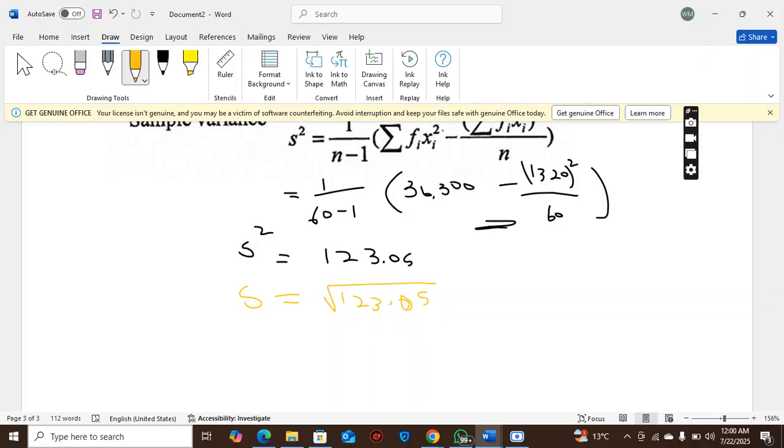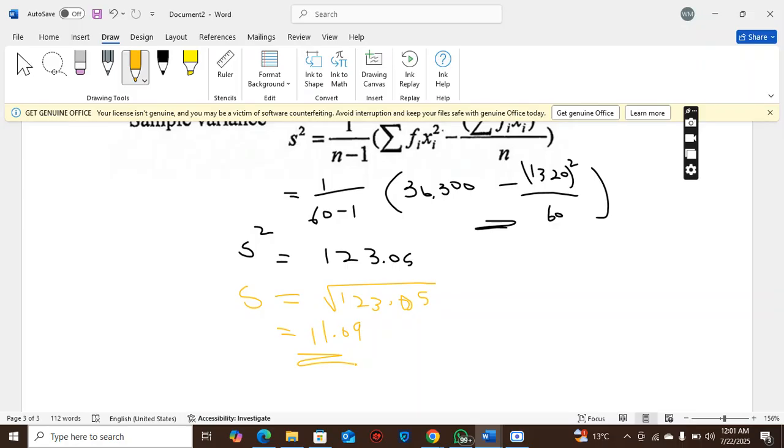Okay. Which is a decent standard deviation.